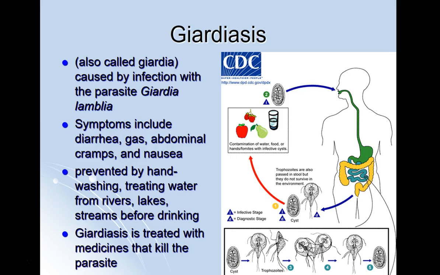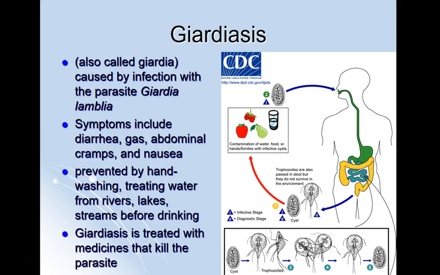So symptoms of giardiasis include general discomfort in the abdomen. Maybe you have diarrhea, nausea, anorexia, weight loss, and usually you'll have a spasming of the duodenum and the jejunum.